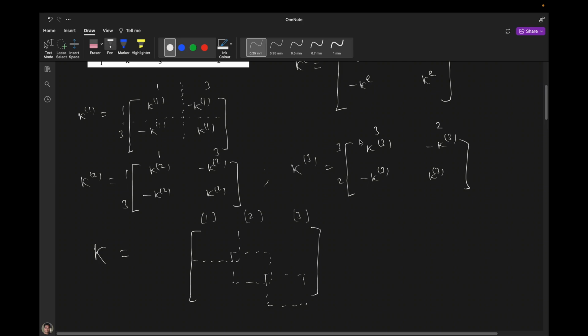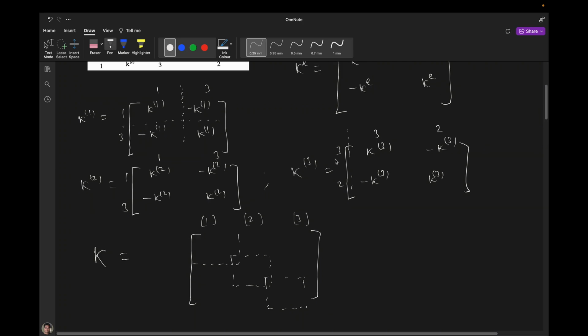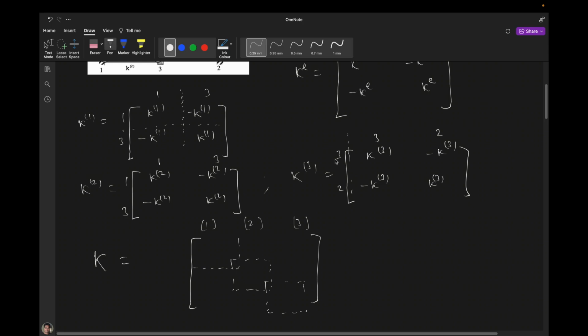Similarly I am free to make one more row and column here, and to swap these two columns so that all the compatibility will fit in this global matrix.